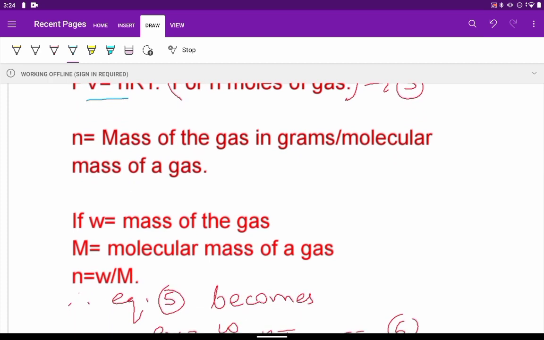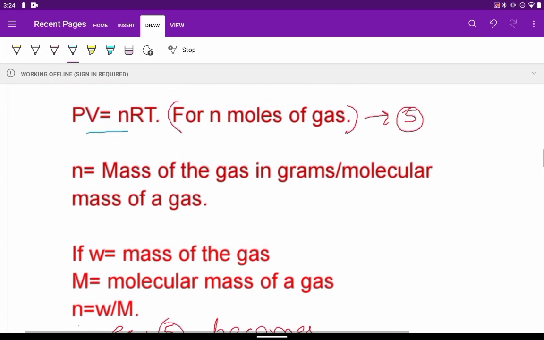Now what is n? How to calculate n? If we know the mass of a gas in grams and the molecular mass of the gas, that is the mass of one mole of the gas, and if we represent the given mass of the gas with small w and the molecular mass of the gas by capital M, then n, the number of moles, equals W by M, that is the mass of the gas given in grams divided by the molecular mass of the gas.